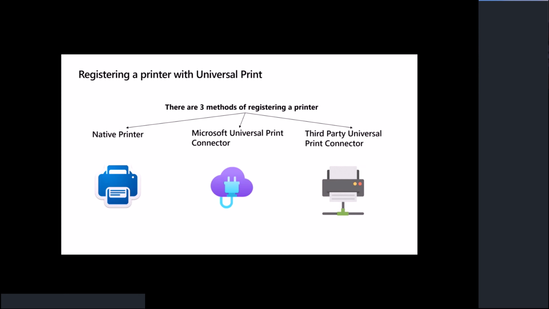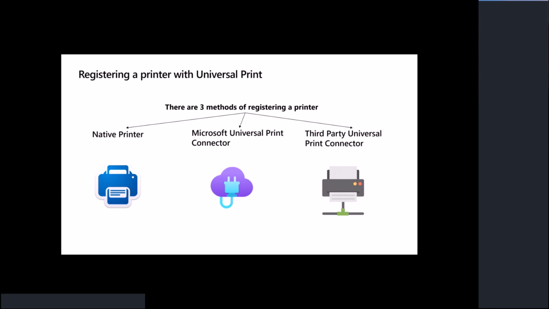But the first thing that we need to do is register a printer with Universal Print. And the best way to do it is if your printer has firmware that supports Universal Print natively. What it does is go up and register itself as an Azure Active Directory device, and then be associated with Universal Print, and then Universal Print can manage that printer.